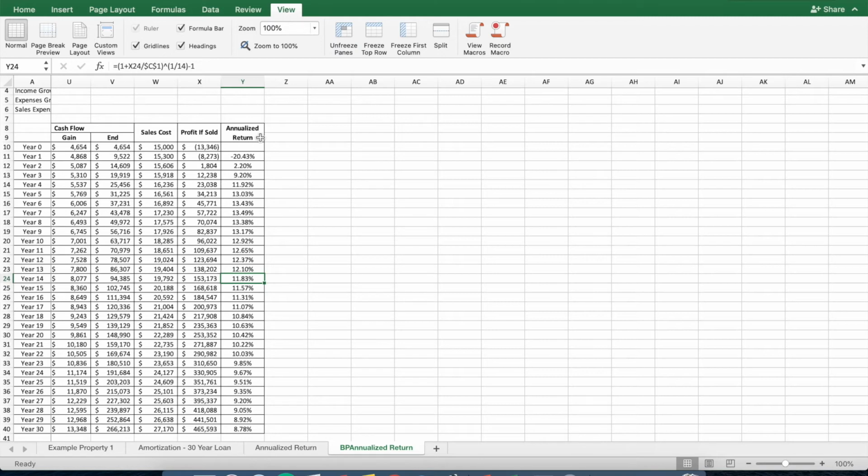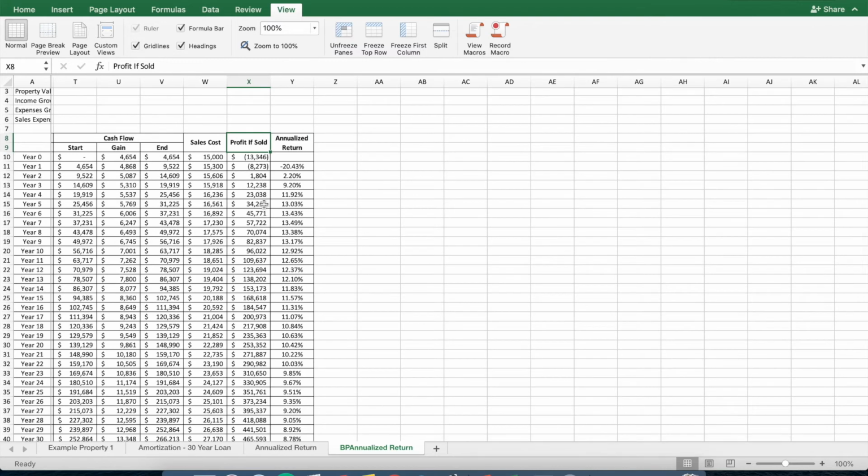And I agree that now that they've updated the calculator, given the values that they get for the profit if sold, I do believe they calculate the annualized return correctly. However, as I've just mentioned, I do not believe that they've calculated the profit if sold correctly.